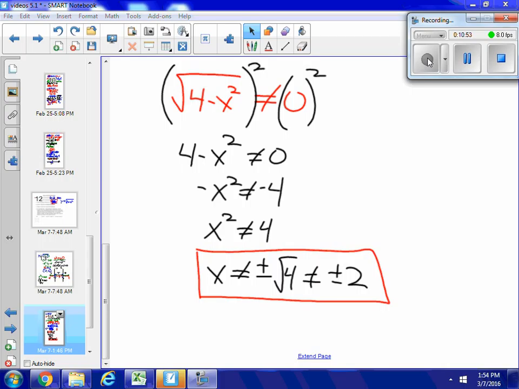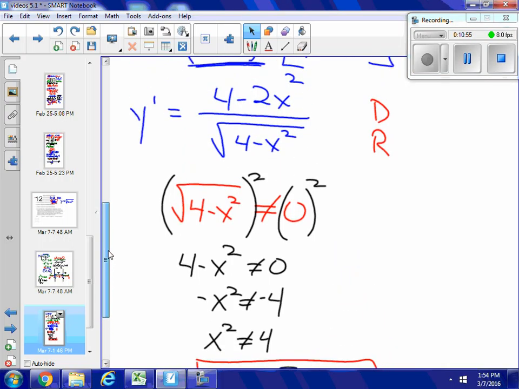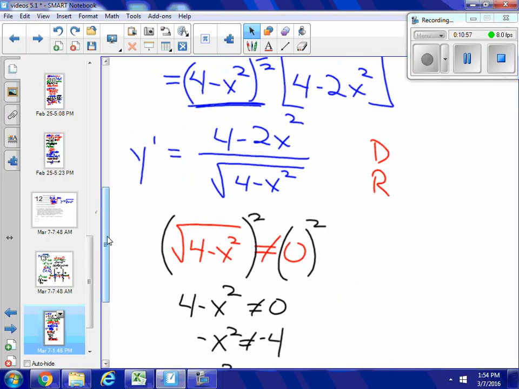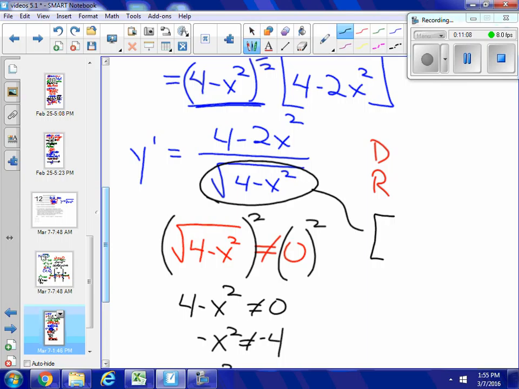Now, the second part of my domain is that, well, I have the radical sign. I did the denominator. I have the radical sign right here with an even index. Well, I just did that one a minute ago, and it turned out that that domain was negative 2 to 2.